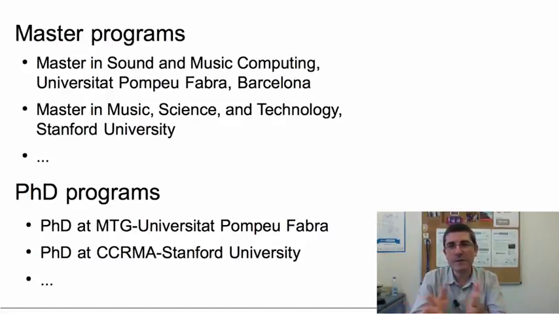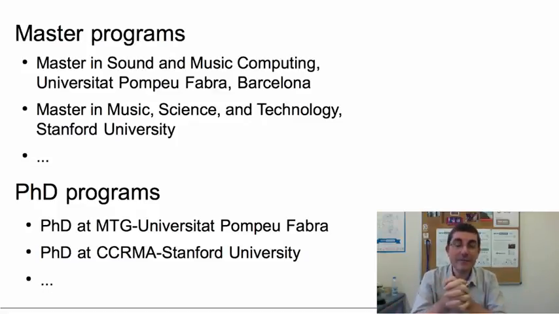So at the Pompeu Fabra University we have a master in sound and music computing, and at Stanford University there is a master in music science and technology. Clearly they are different, so you should look at them. At the Universidad Pompeu Fabra we are within an engineering department, and that makes a particular context, and therefore the master reflects that.